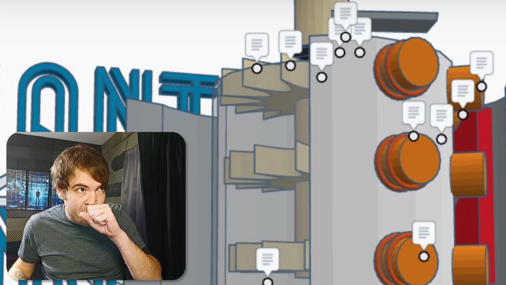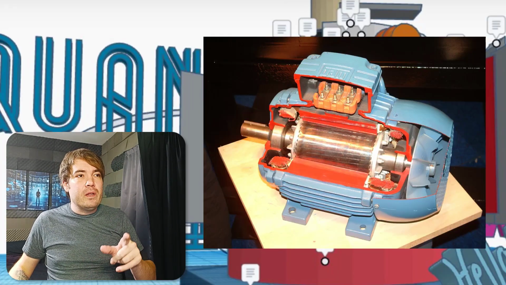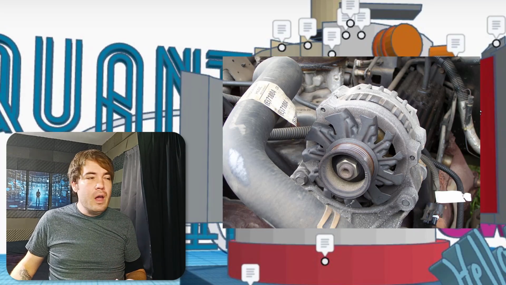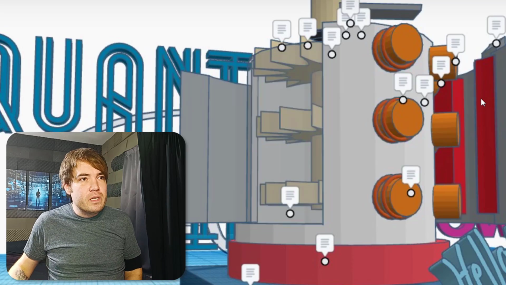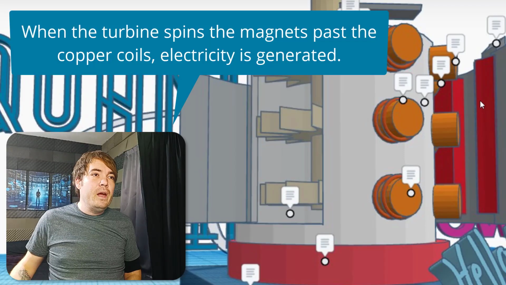I'll back up a little bit. If anyone doesn't know, the way that an electromagnetic motor works, or even an alternator in your car, any electric motor works like this. You've got these magnets here on the outside, sometimes they're on the inside, depends on the design, and then you've got coils of copper.